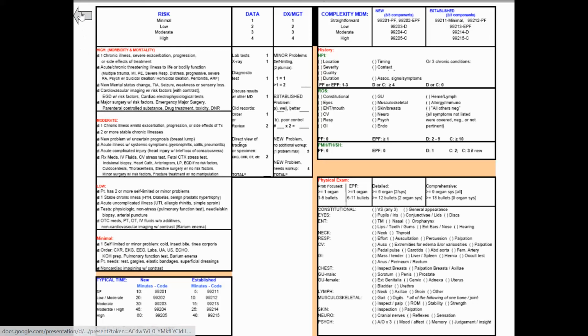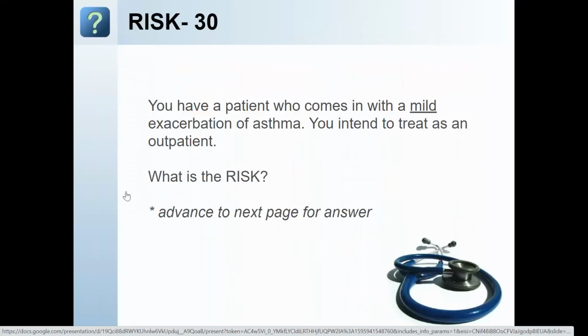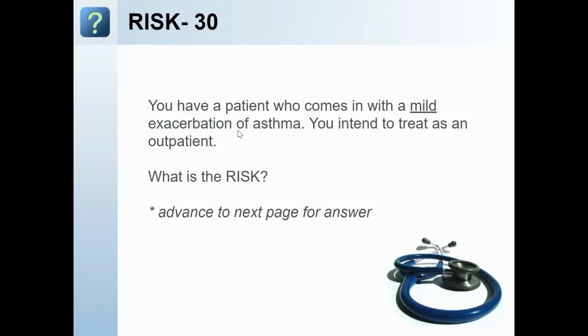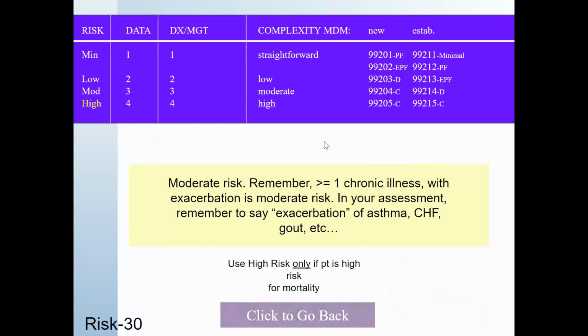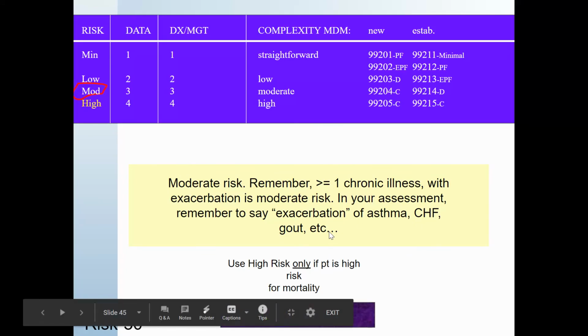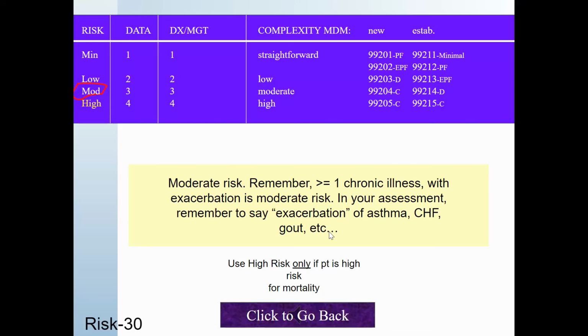So, ethically speaking, if you're taking care of someone with a mild exacerbation of asthma, or it could be a mild exacerbation of CHF or gout, it doesn't matter. It's all moderate risk. Now, somebody may say, well, congestive heart failure sounds worse than an exacerbation of asthma because the heart's more important, obviously, than the lungs.